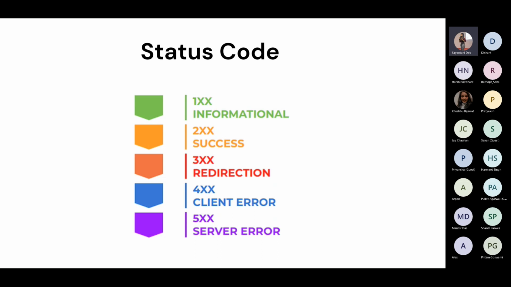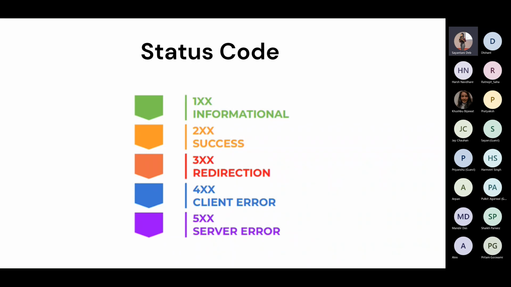This means that the server has received the request headers. 101, then there is 102 as well. Then talking about success status code, well, the most common, which is 200, it means the request was successful and the server returned the requested data. 201 means it is created. 202 means it is accepted. 203 means non-authoritative information, and there goes a lot.